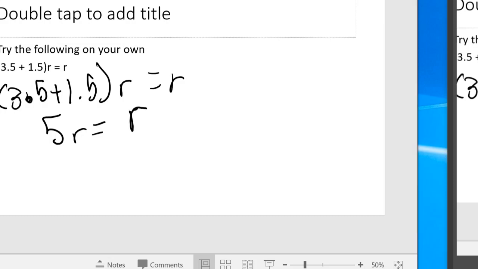Okay, and if you want to just see that again, I'm going to have 3.5 plus 1.5 r is equal to r, and I have 5r equals 1r. Does everybody see that? 5r is equal to 1r, and everybody understand how I got to that point? Okay, I'm going to put this 1 in here.